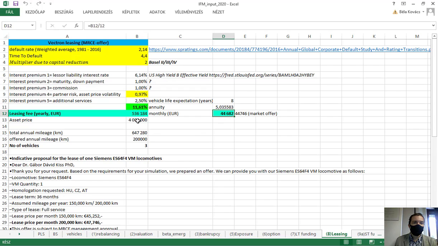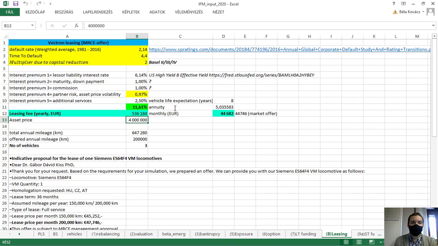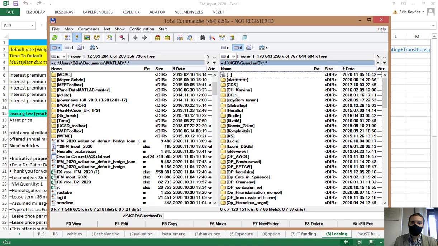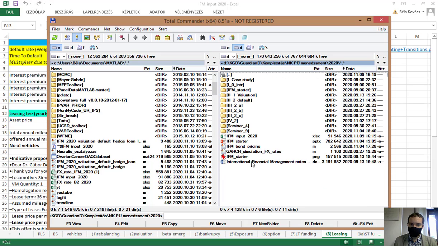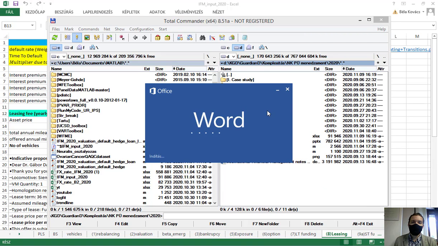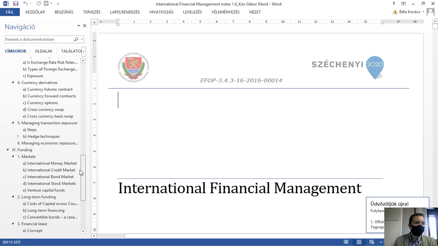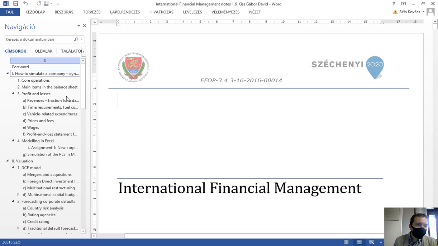Actually, we have to have the asset price. So price equals... let's open the case study. Yeah, sorry, vehicles.